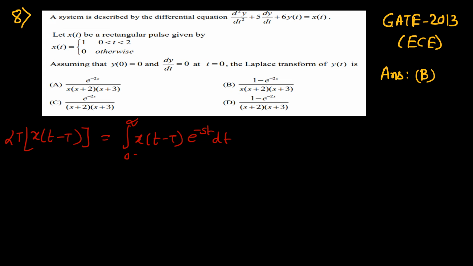Okay. Now if I consider this one, that t minus capital T equal to tau, if I replace, then dt equals simply d tau, right?